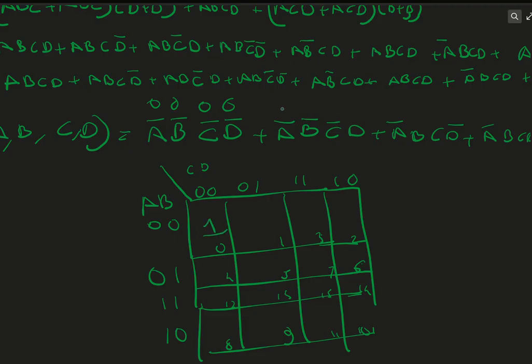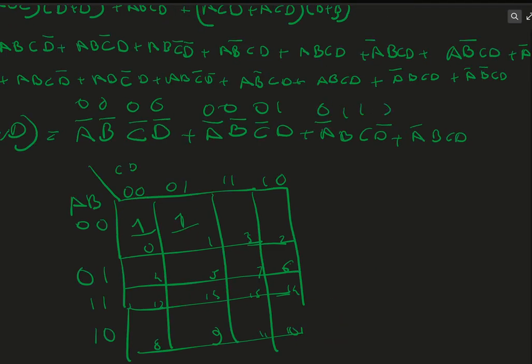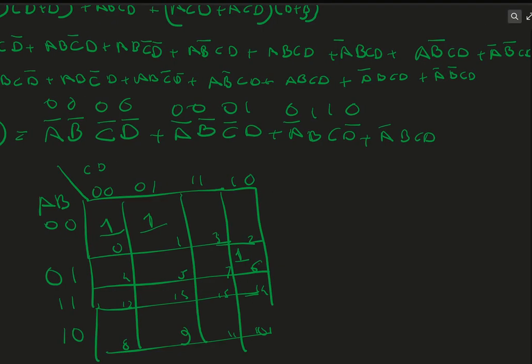For this, it's going to be 0, 0, 0, 1, and then 0, 1, 1, 0, so 0, 1, 1, 1. And here A prime, it's going to be 0, 1, 1, 1. It's going to be here.